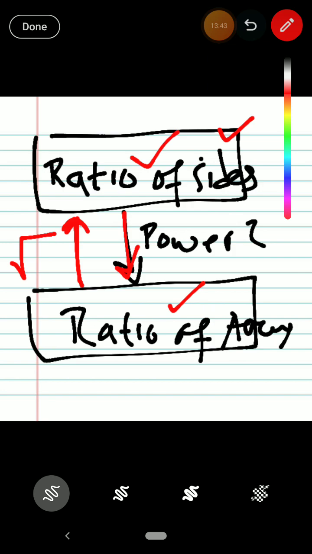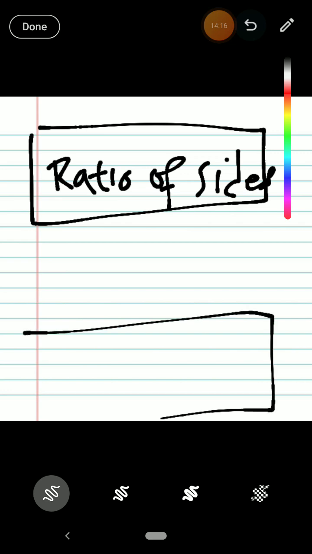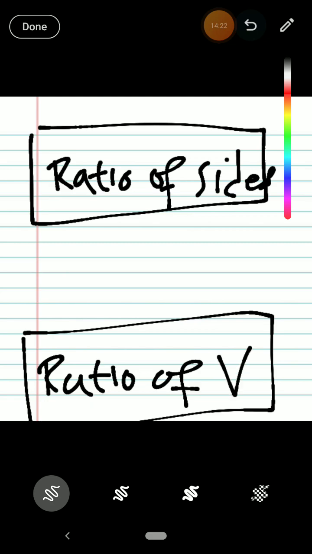One more thing before we can say we have understood: there is also the ratio of volumes. Let's say there is a drawing of a house. If you know the ratio of the sides of the house, and you want the ratio of volumes, I'll use V, you do power 3.